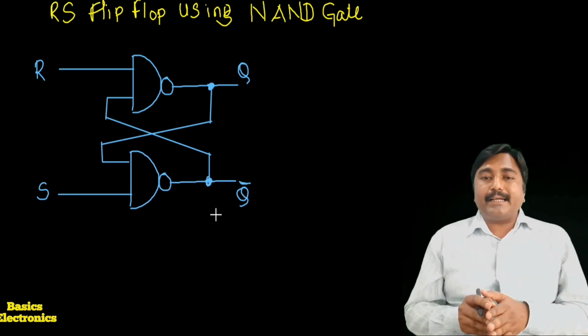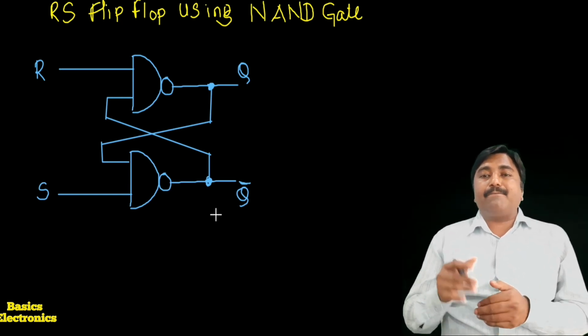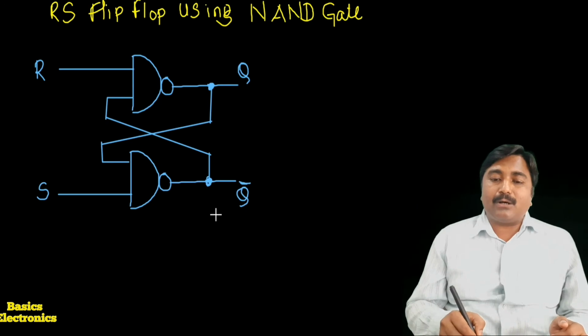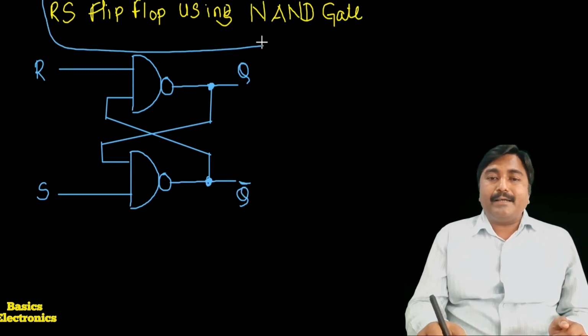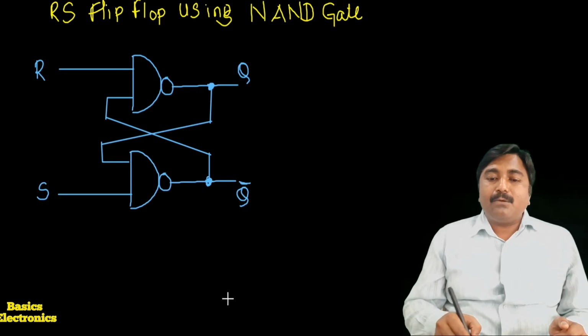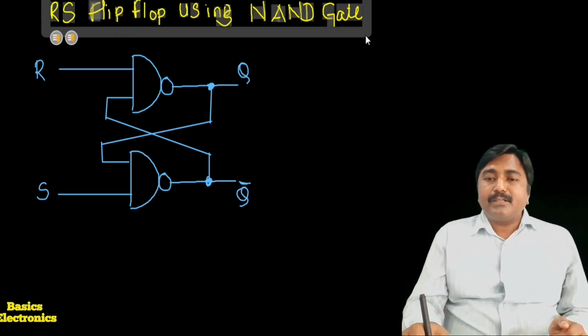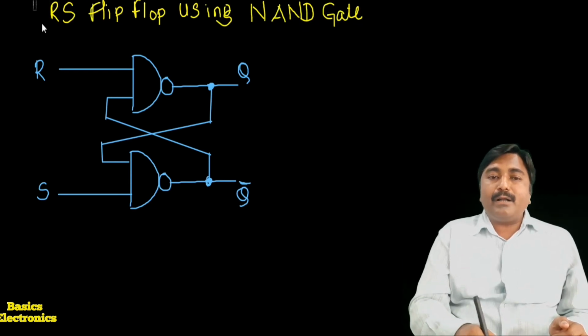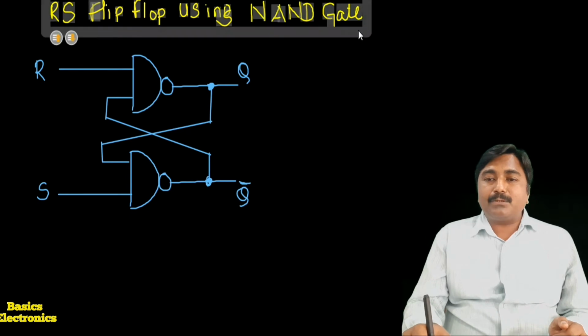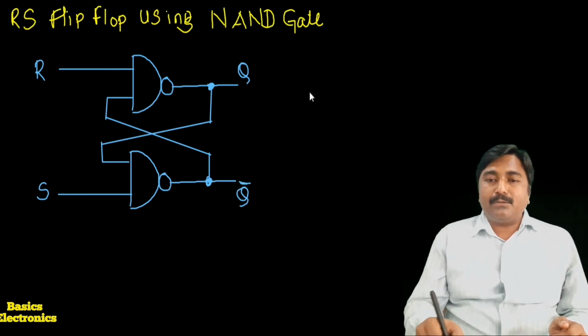Once again we apply the inputs, find out the output condition of the flip-flop, and tabulate it in the truth table. In the truth table we require all inputs and their outputs, so here I am going to draw the truth table.